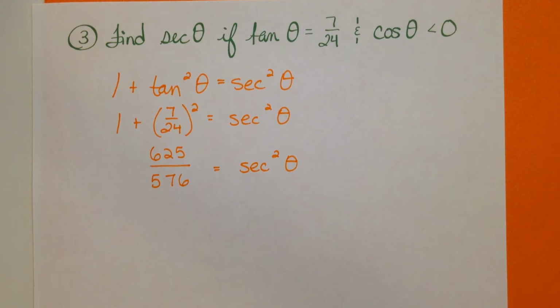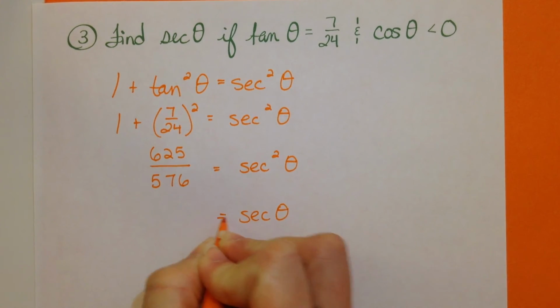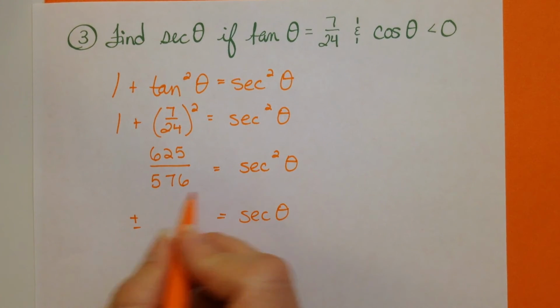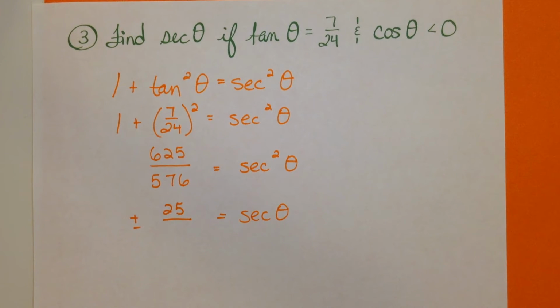Now that's secant squared, so I still need to take the square root of both sides. Square root of 625 is 25, and square root of 576, I believe, is 24.